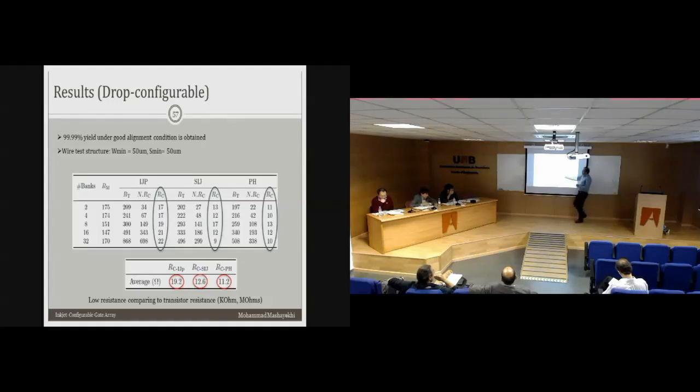Comparing inkjet printing, SIJ printing, and photolithography, we see that the average resistance per bank is very close, between 10 and 20 ohm, although the inkjet printed resistance is 2 times more than photolithography. But compared to the on resistance of transistors inside the gate array, which is on the order of kilo ohm or mega ohm, these values are negligible.